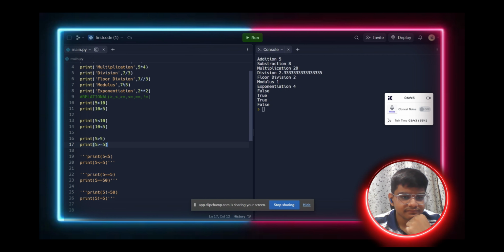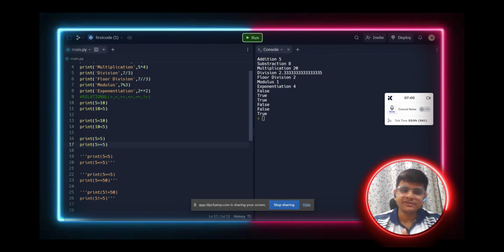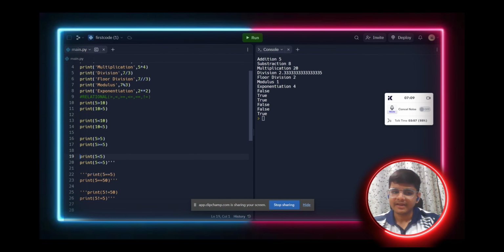Here we will discover the difference between greater than and greater than or equal to. 5 greater than 5 is obviously not true, but 5 greater than or equal to 5 is true, because the equal to element in that operator makes it true.